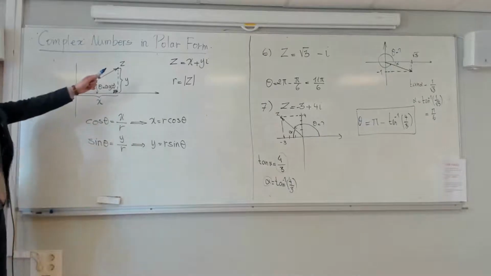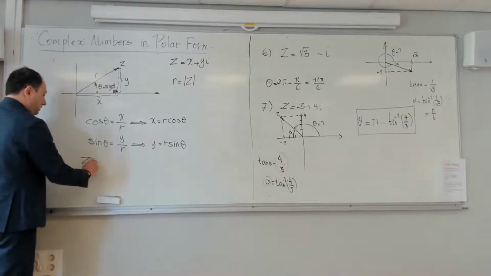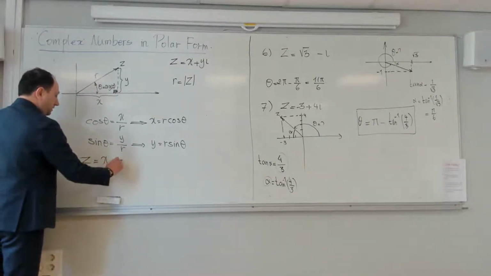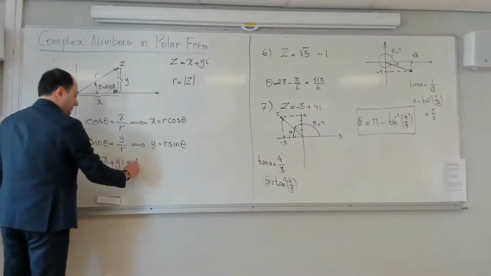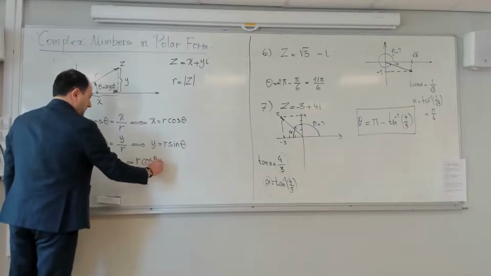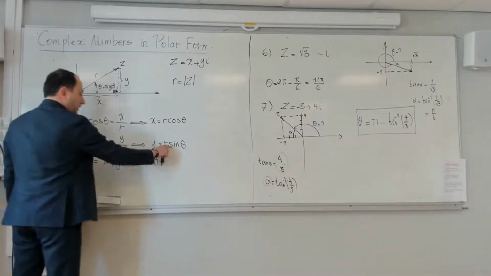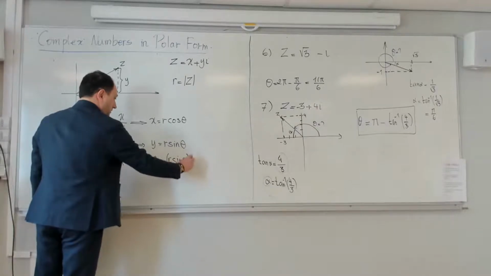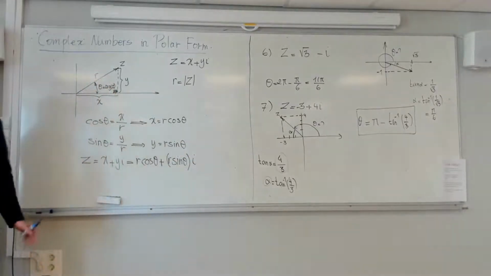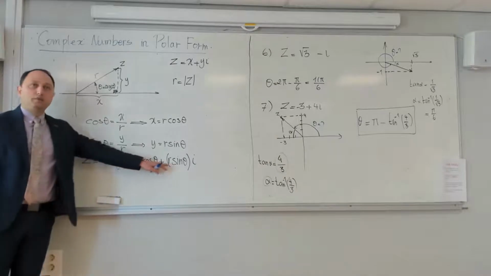Now, let us go back to my original number. My number was x plus yi. But what can I do? Instead of x, I can write this. Instead of y, I can write this. So, something like this. And then you see that there is an r in common between these two.